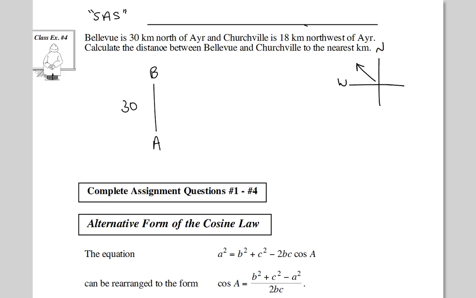This direction? So I'm not sure where, so we'll just put a point up here. And this is called Churchville, so C. So I'm just going to move that 30 over so it's out of the way. And, you know, it might look something like this, I'm not quite sure. And that's 18 there.